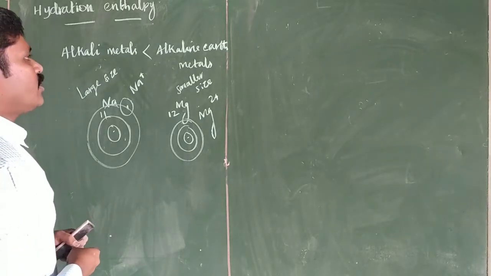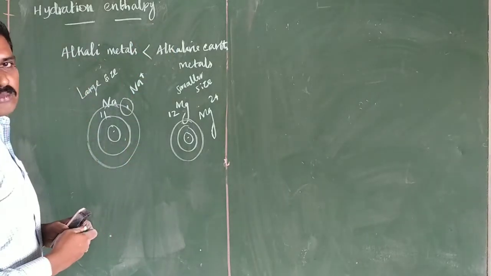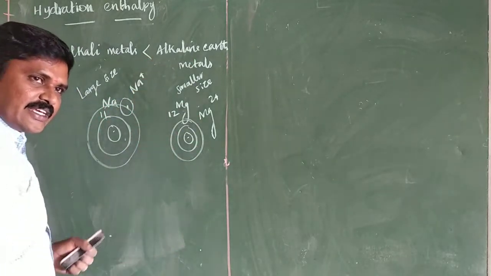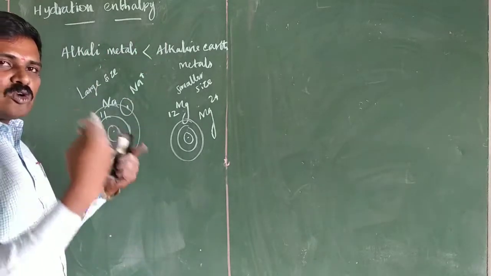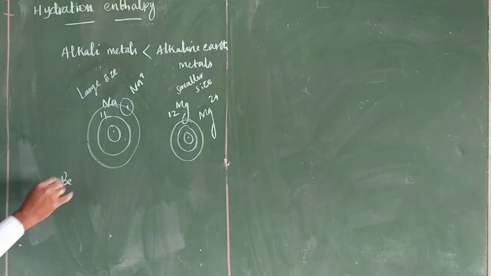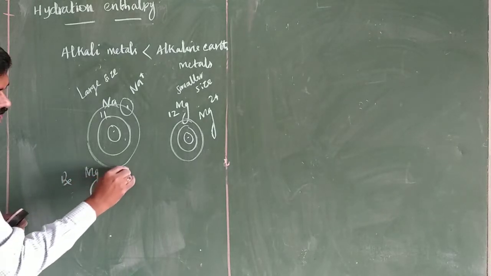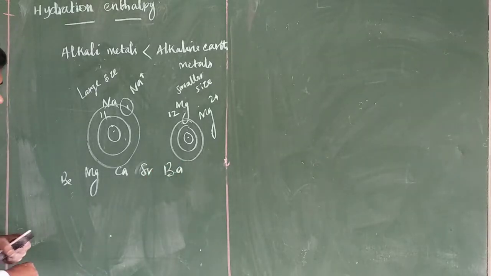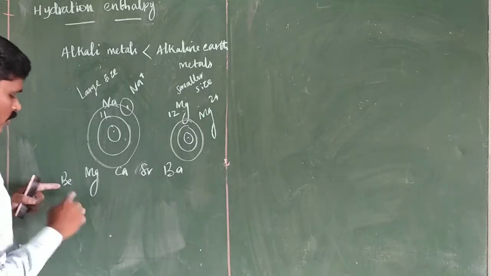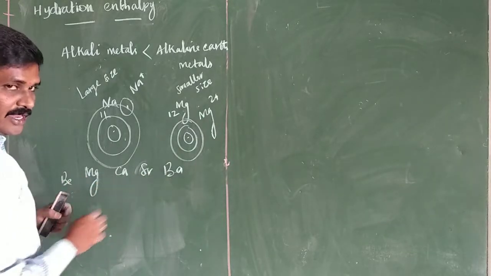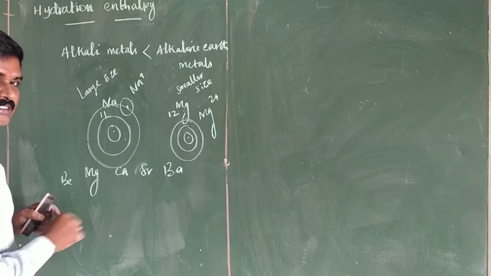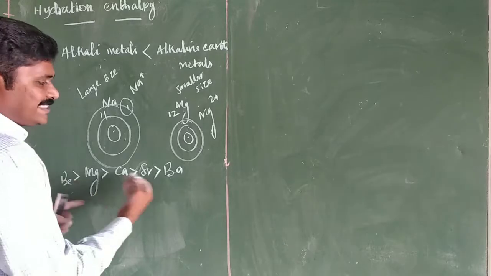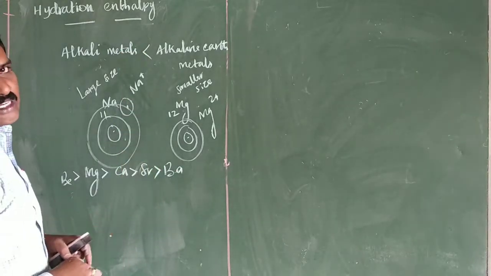And from top to bottom, the size increases, so the hydration enthalpy decreases: beryllium, magnesium, calcium, strontium, barium. Radium is a radioactive element. The hydration energy decreases as the size increases.